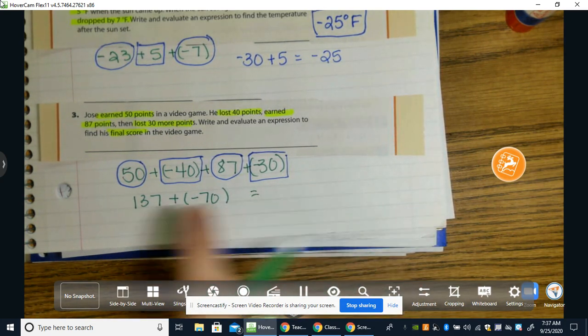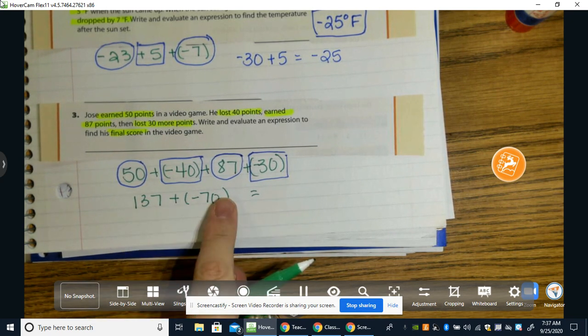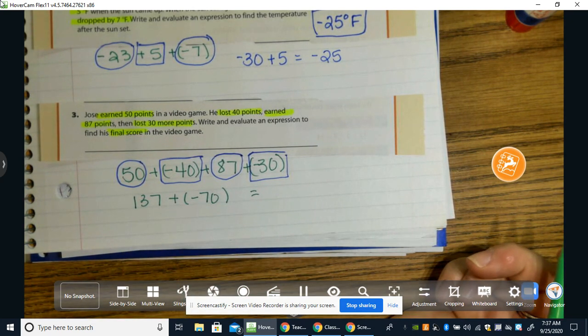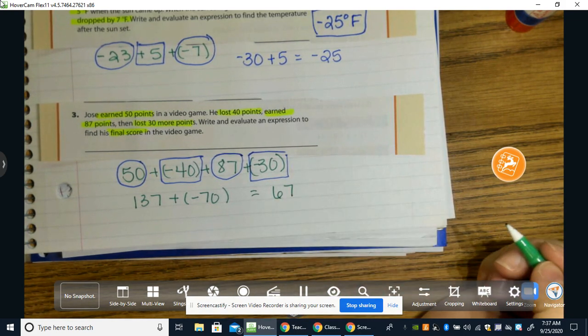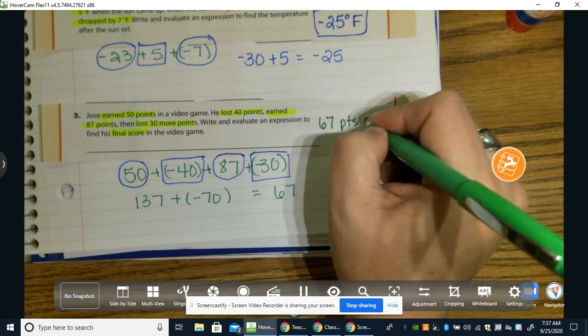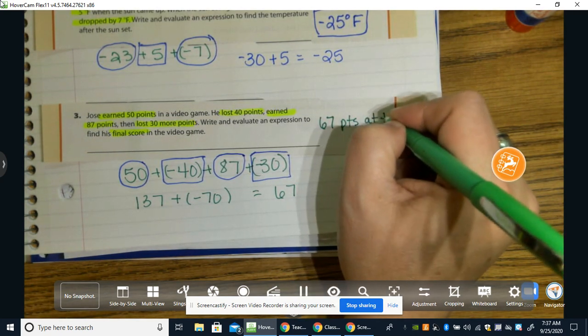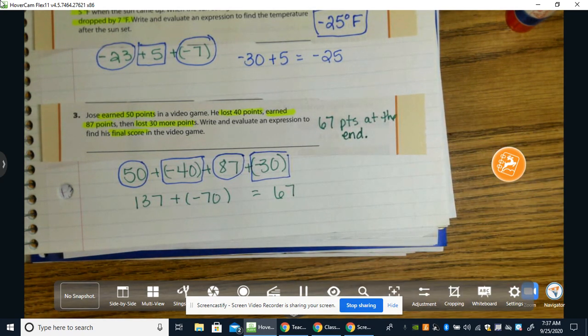So his final score, well, we have different signs, so we're going to subtract. 137 minus 70 gives me 67. So he has a total of 67 points at the end, or as his final score.